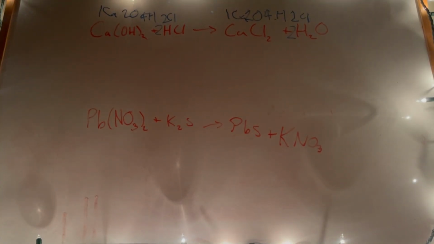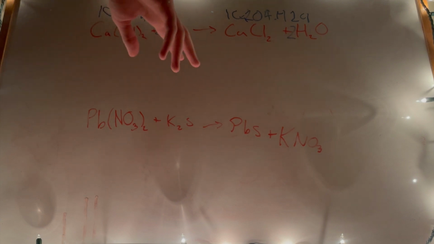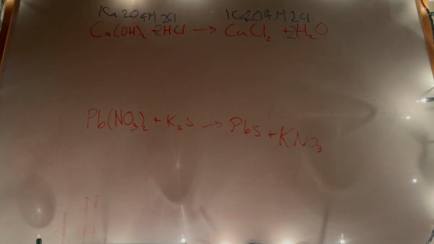Alright, so this next question is a little bit tougher. However, due to the fact that you have nitrate and you don't have a nitrogen or an oxygen that isn't in nitrate, you can basically just group that together as one.